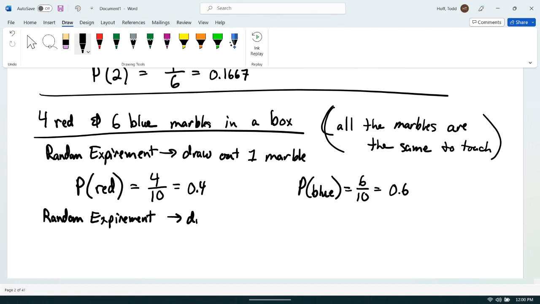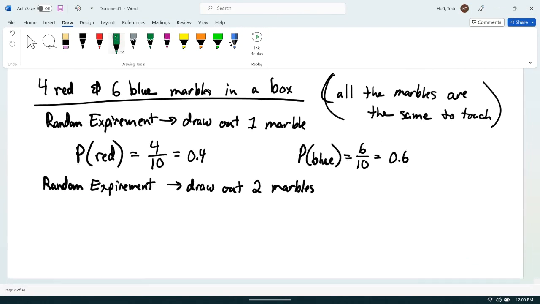We're going to draw out 2 marbles. However, this experiment seems simple, but there's more to it than that. There's 2 possibilities. Possibility 1, we draw 1 marble, then replace it before the next marble is drawn.